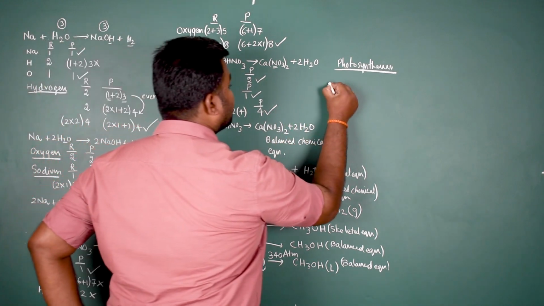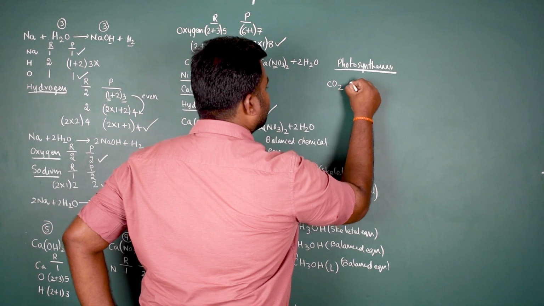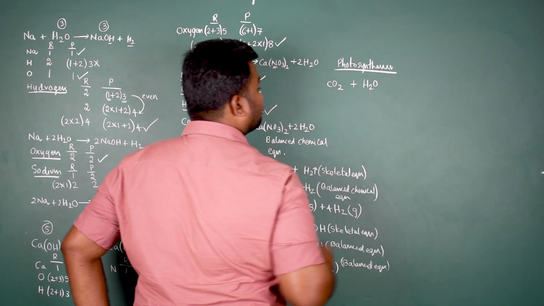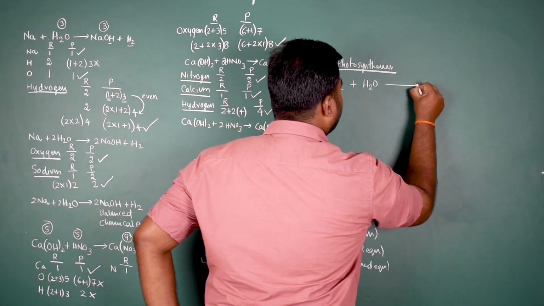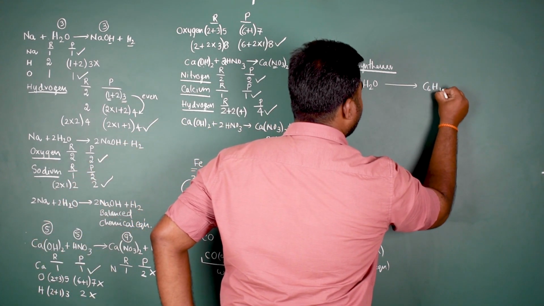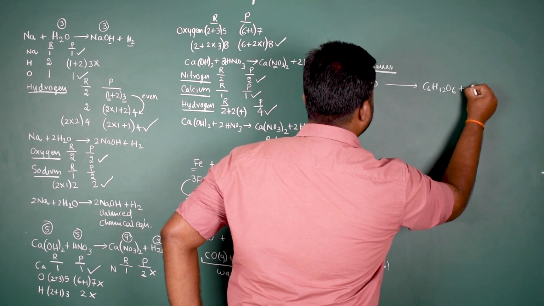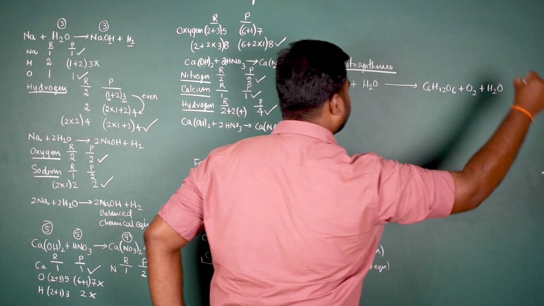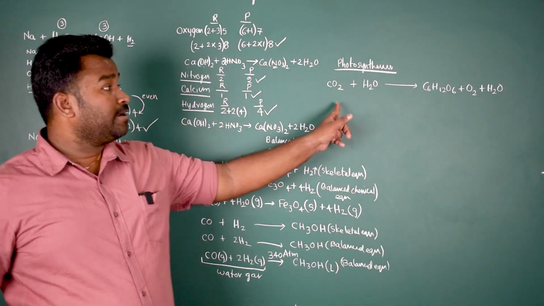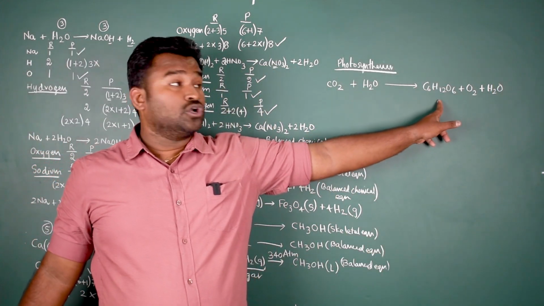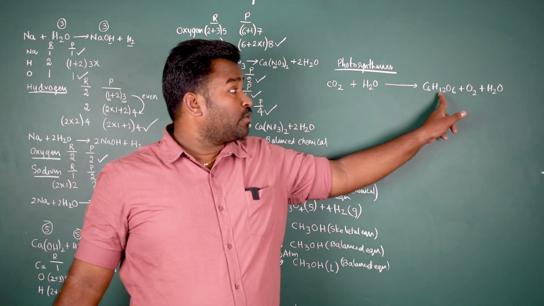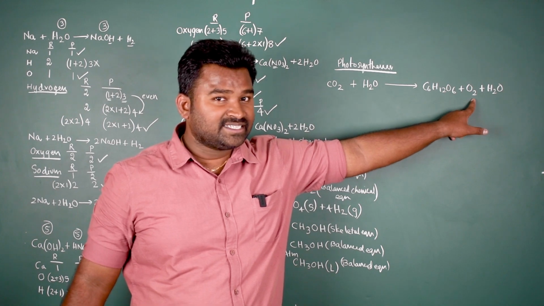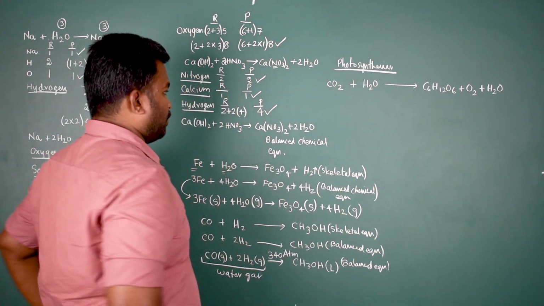So in plants, carbon dioxide is taken with water presence to form C6H12O6 plus O2 is released with some water. Here plants are preparing what? Glucose, and they are preparing their own food, that is glucose, and releasing oxygen. You understand this? Now let's try to balance this equation.